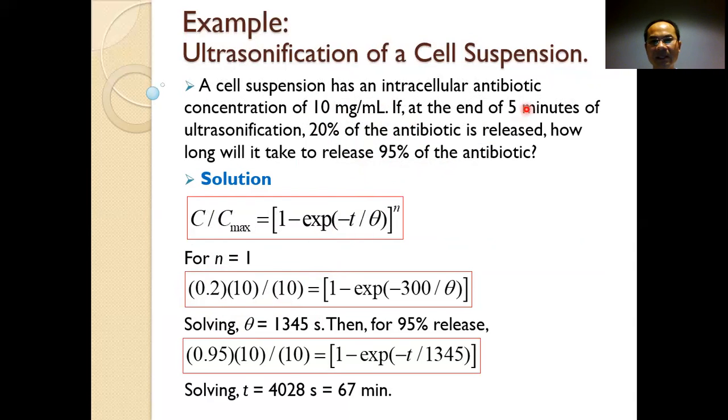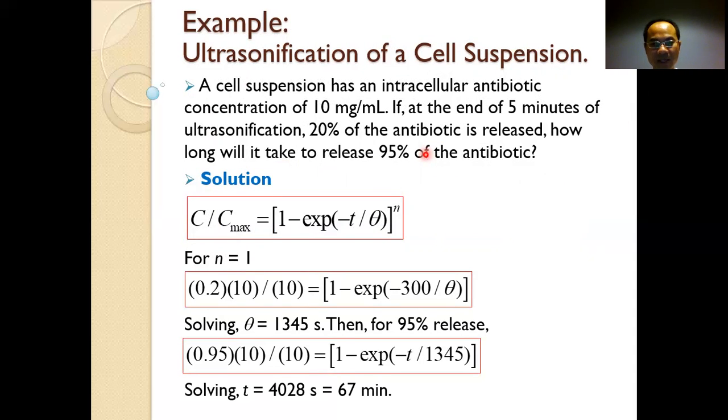For this case, time should be converted into seconds. 5 minutes multiplied by 60, we get 300 seconds. And theta is a constant. We assume n equals 1 because we don't know how many passes there are.